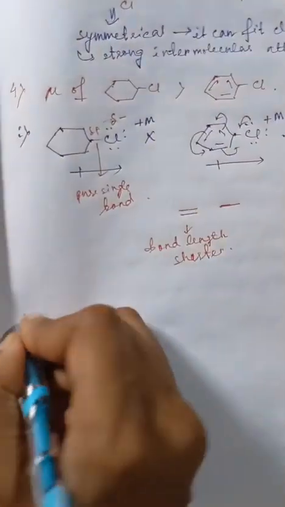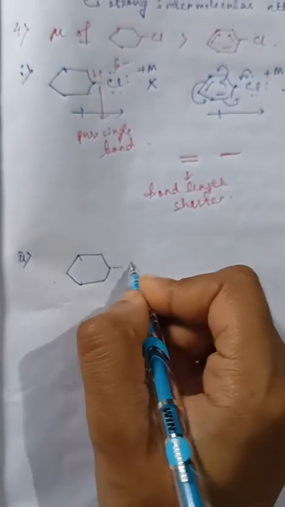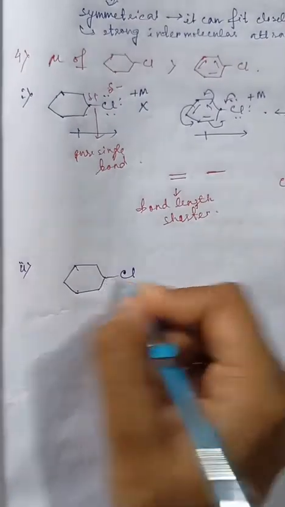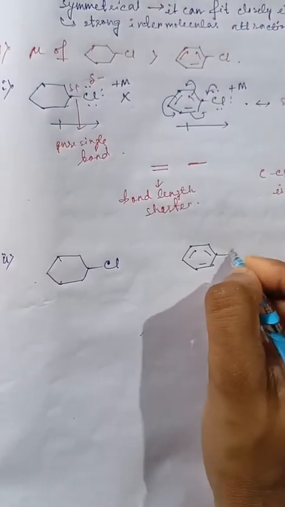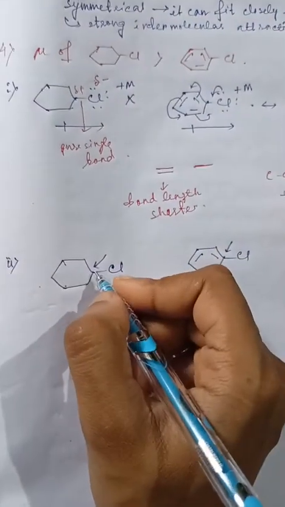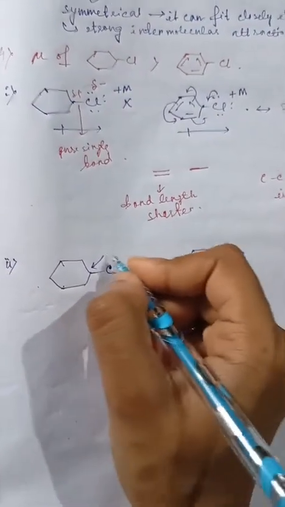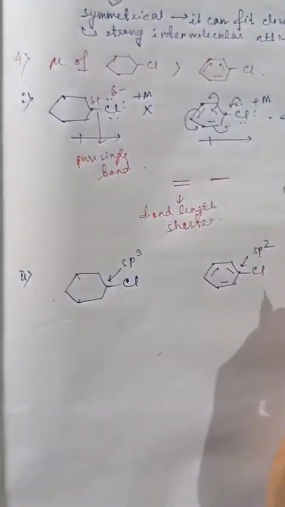Now the second reason, if you see that here it is cyclohexyl chloride. Okay, now here it is chlorobenzene. Now see this center, this carbon center, here it is sp3 hybridized carbon, but here it is sp2.